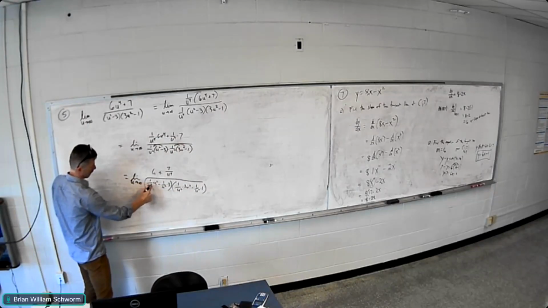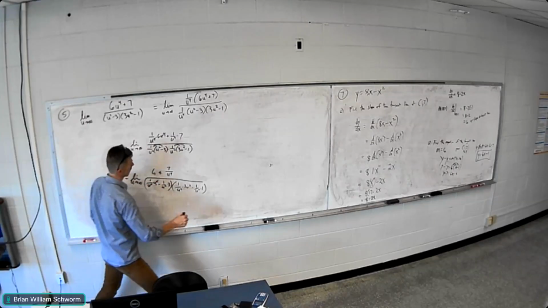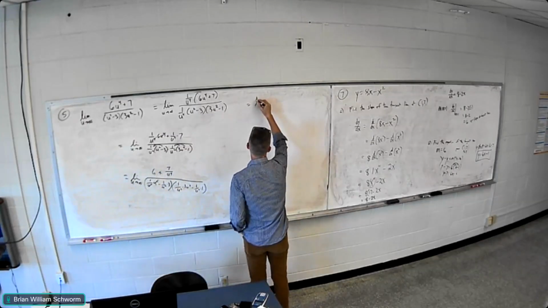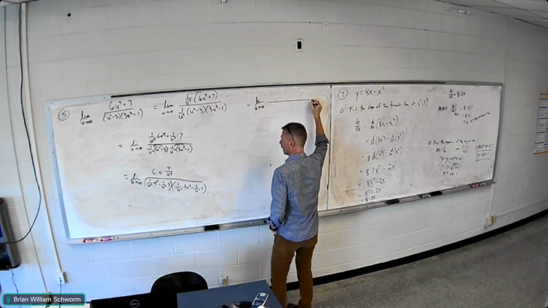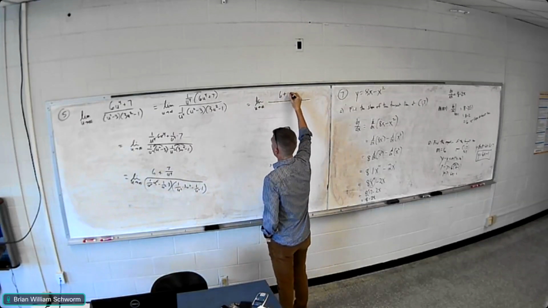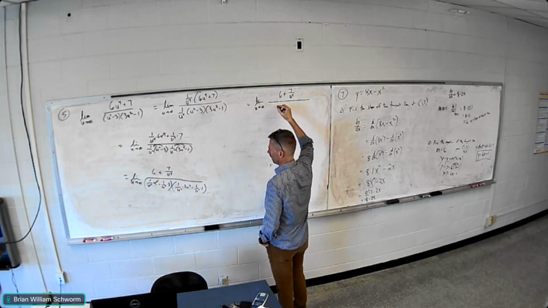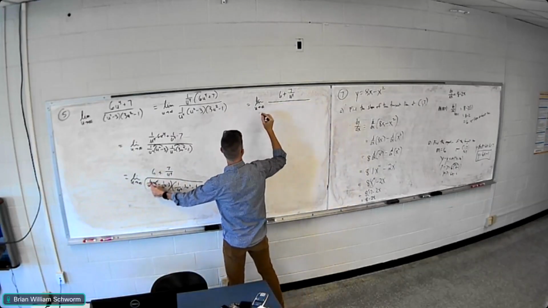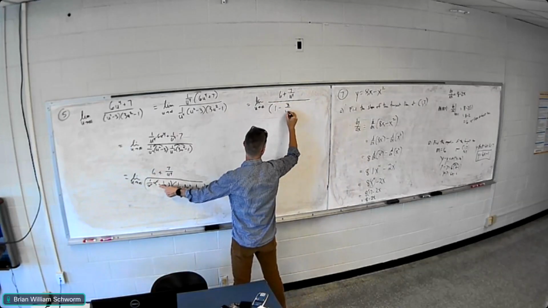Back up here, these u squareds cancel. So I'm left with 1 minus 3 over u squared.